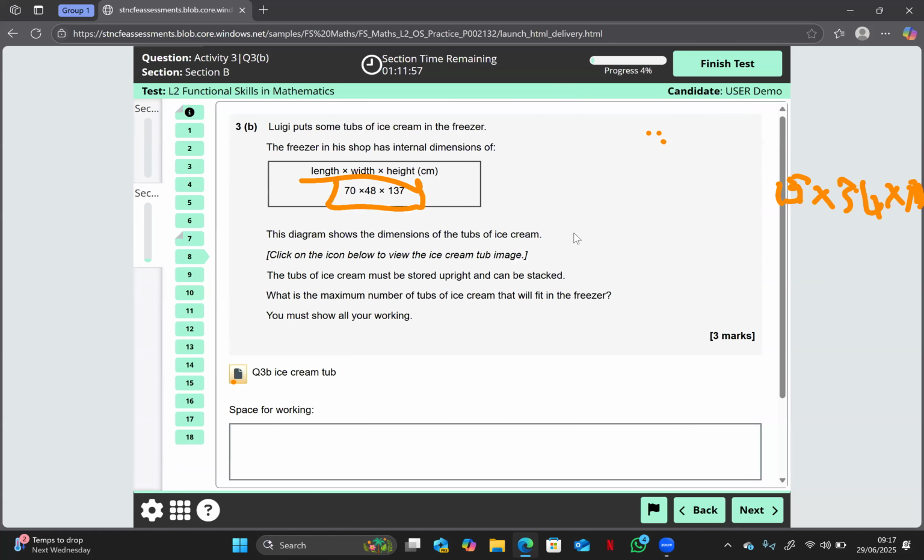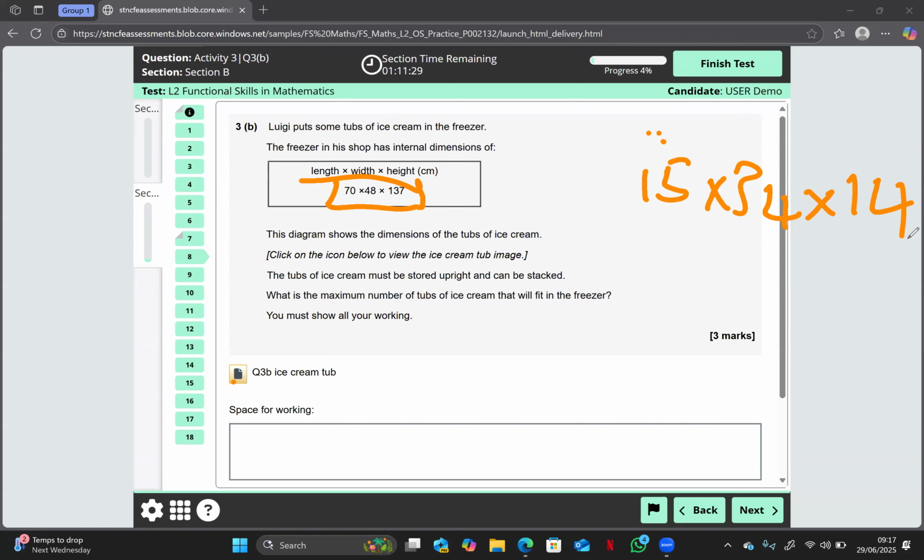So 15 by 34 by 30. So in terms of height, quite a few can fit, but in terms of length, only one can fit.